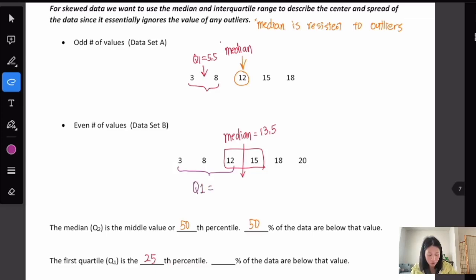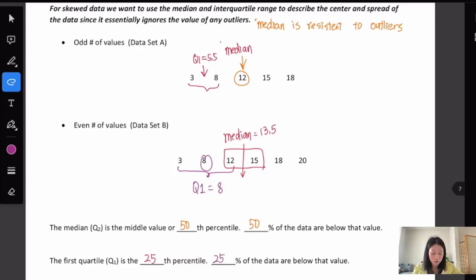So your Q1 is going to be the middle of these first 50% of data, which is 8, because you have 1, 2, 3 data, and the second one is going to be your median. So that's the difference between these two. If the median is one of the data from the data set, we don't include it when we calculate Q1. Similarly, Q3 is the 75th percentile of the data.